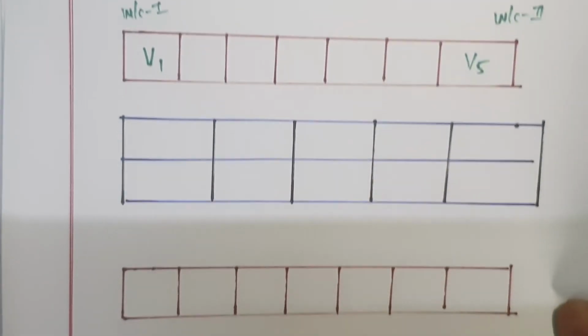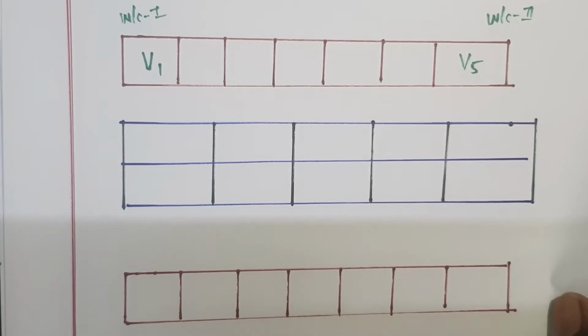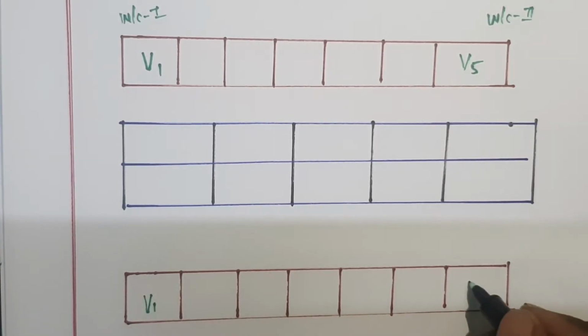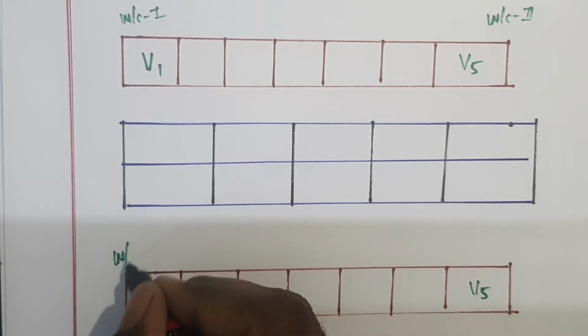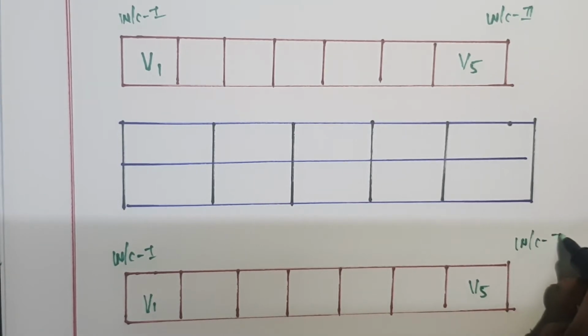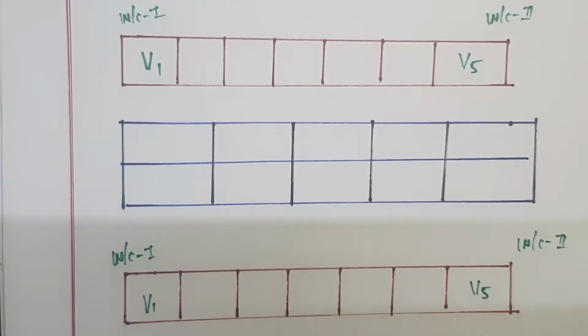Okay na? Then you have to create another box like this. Here I will write whatever the previous one I got. Here I got the V1 and here I got the V5, and this one is known as the CW1 and this one is known as the CW2. So, here V1 and V4 and the remaining values you have to write down.